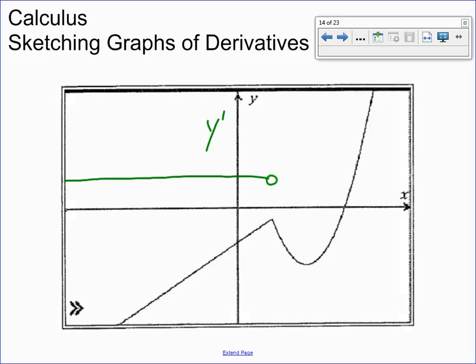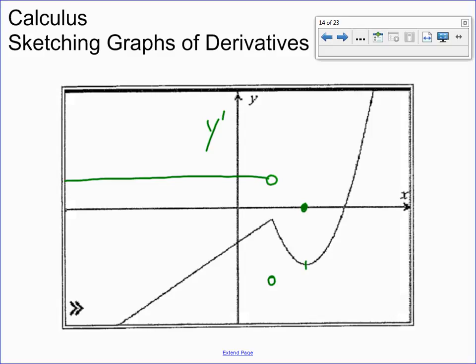So maybe I'll go down here. I know it's an open circle because the derivative does not exist at x equals c where that cusp occurred. I know that I have a horizontal tangent. A horizontal tangent on my original corresponds to what value on y prime? A 0 value.